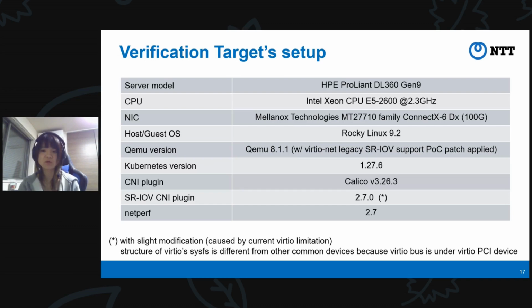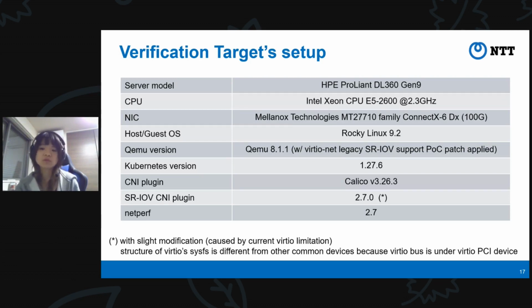Host and guest OS were Rocky Linux 9.2. QEMU version was 8.1.1. This QEMU has the virtio-net legacy SR-IOV support POC patch applied.